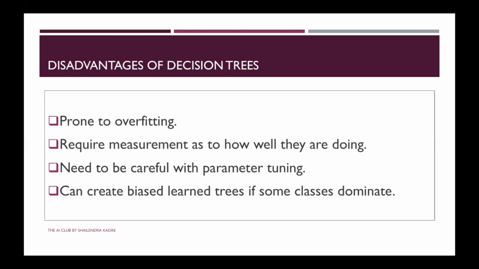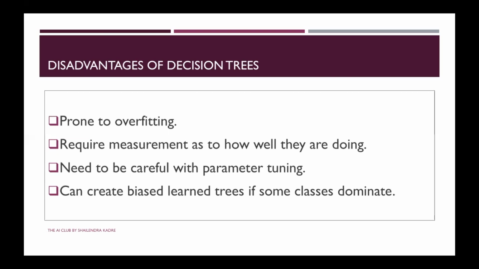It is possible that for training we get very good accuracy, but when it comes to test, the accuracy reduces significantly. Then they require measurement as to how well they are doing. Any algorithm you take, measurements are a must to know how well they are doing, but it needs some typical kind of measurements here, which can be seen later.